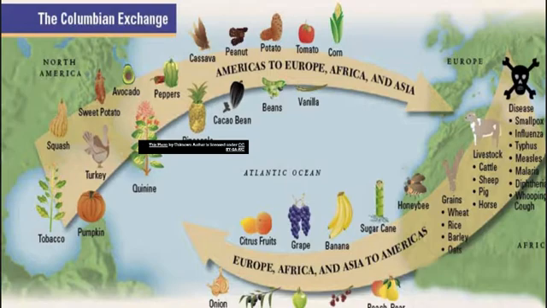How trippy would that be? I mean, imagine that. So, cows, pigs, horses, wheat, sugar, apples, cabbage, citrus fruits, carrots, even Kentucky bluegrass. All of these things were brought from the old world to the new world.